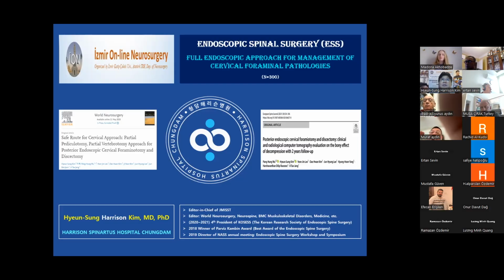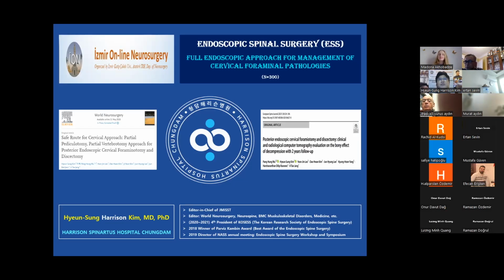These include cervical, thoracic, and lumbar decompression, discectomy, and fusion, including multilevel fusion. I think the final step in spreading endoscopic spine surgery, the generation change from open surgery to endoscopic spine surgery, is finishing the cervical, thoracic, and lumbar interbody fusion.